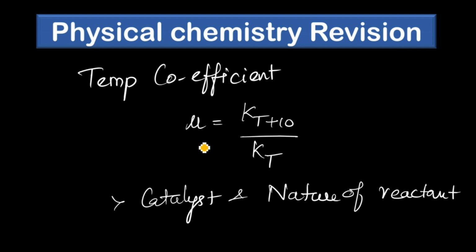Then temperature coefficient, mu, which is equal to K at temperature T plus 10 degrees divided by K at temperature T. Let's say they have given 273 to 283.